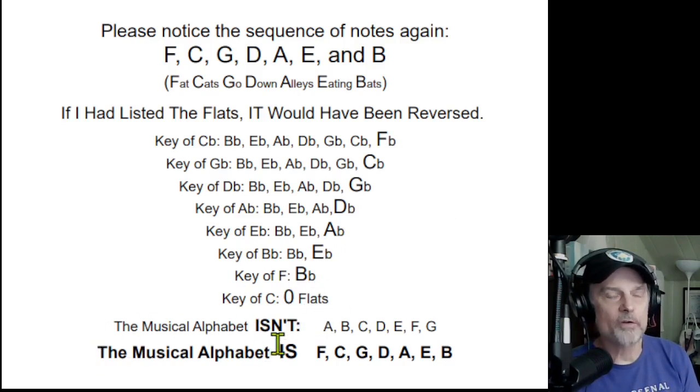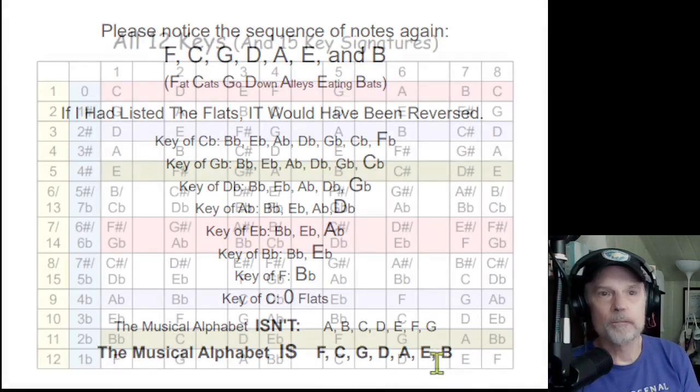The musical alphabet is not A, B, C, D, E, F, G. The musical alphabet is F, C, G, D, A, E, B.